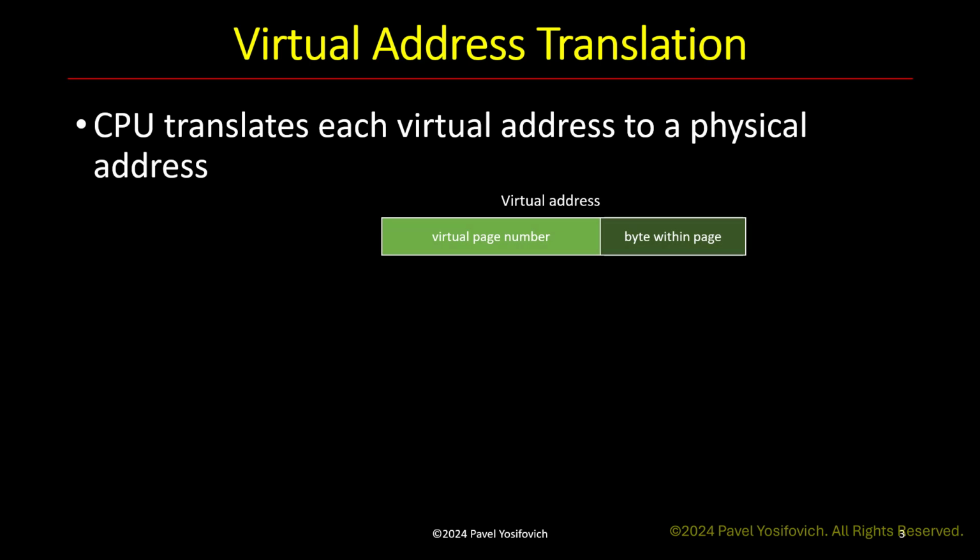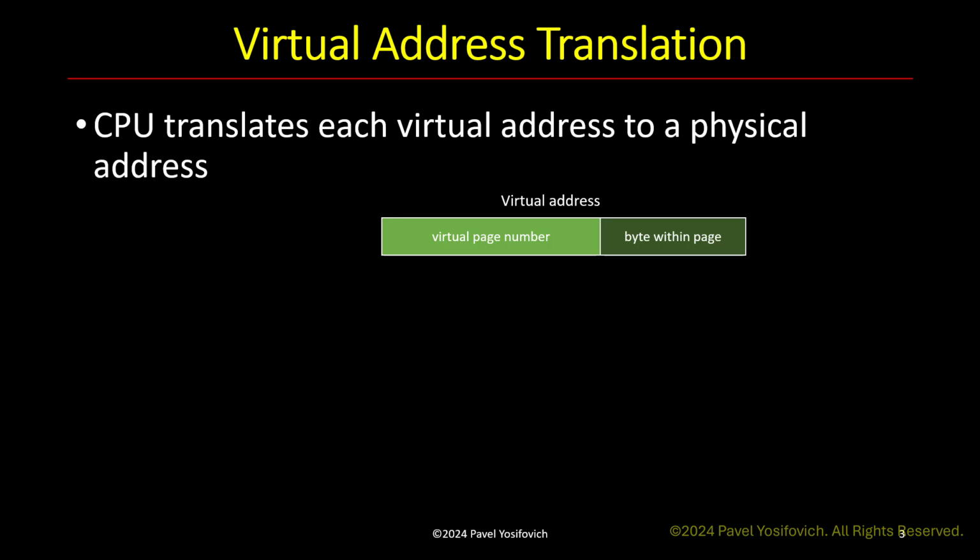We start with a virtual address. And remember that everything is managed in chunks of pages, which are by default 4 kilobytes in size, which means that the lower 12 bits of any address are copied to the final address as is. It doesn't go into any kind of translation. The translation is only for the virtual page number, the one that's in the upper set of bits.